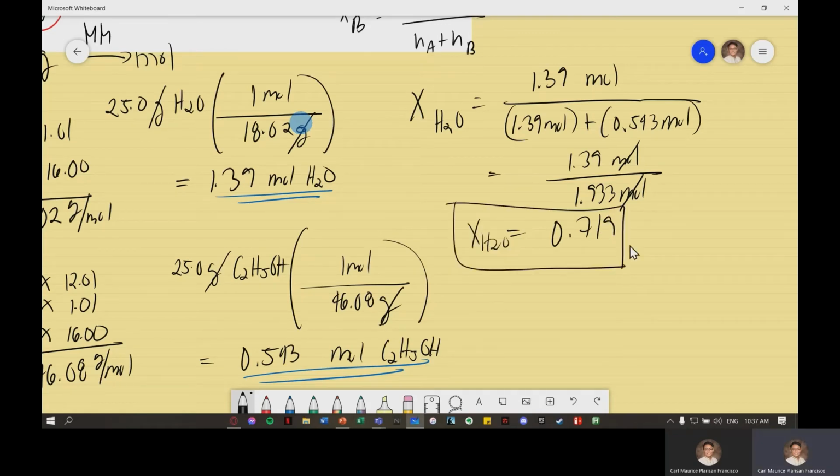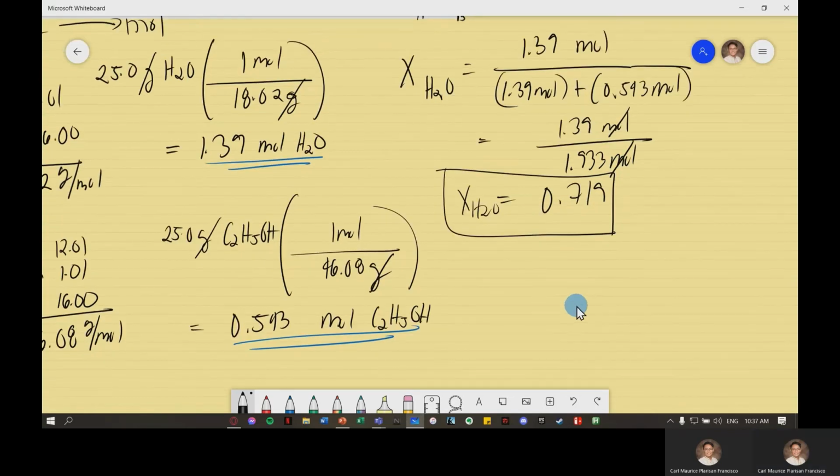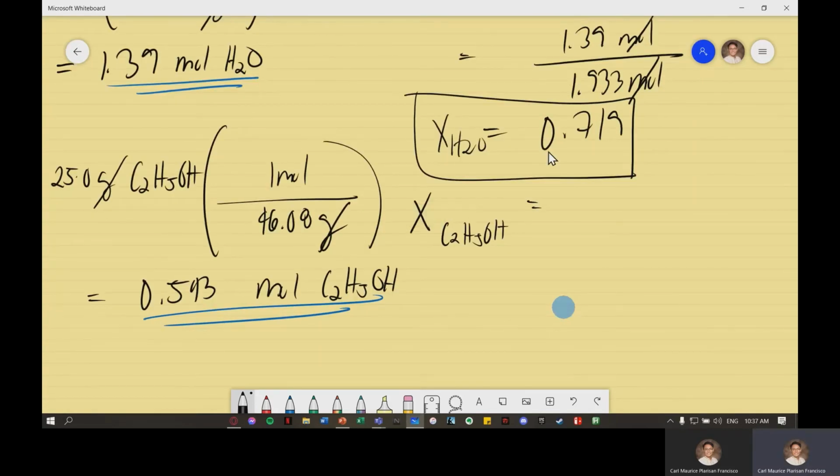Okay, wala pong unit ang mole fraction. Kapag mole fraction, walang unit. Makakancel yung unit po. And then last one, for ethanol. So dahil ethanol naman itong kinukompute natin, ang nasa numerator ay 0.543 moles all over yung summation.